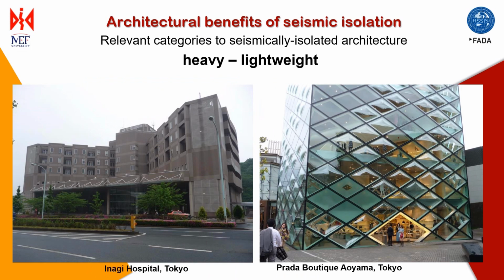Heavy and lightweight. In Aji Hospital, Tokyo, a complex butterfly shape plan. Prada Boutique Aoyama, front entrance, Japan, from Herzog and de Meuron. It's an example of structural lightness.